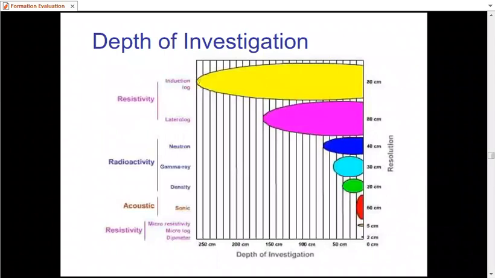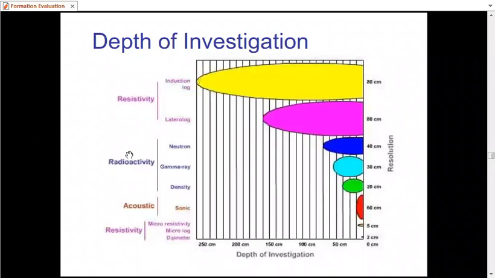This chart will give you an example or an identical value for the depth of investigation of every tool. Resistivity tools such as the induction log have a great depth of investigation, and the lateral log has a medium depth of investigation.